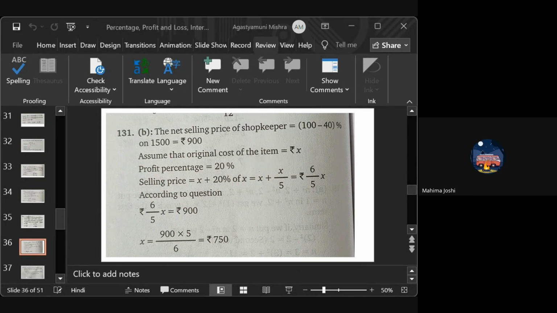Sir, can you please explain this? Because I don't understand why it is 900. Ma'am, there is a formula of selling price, because selling price has different formulas.